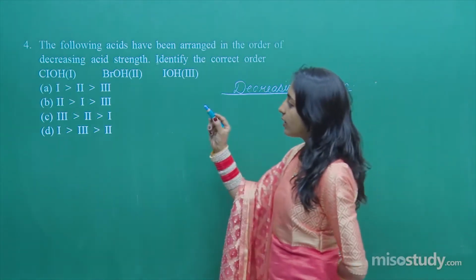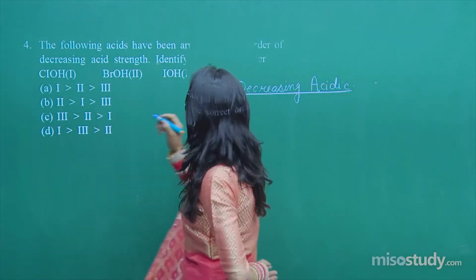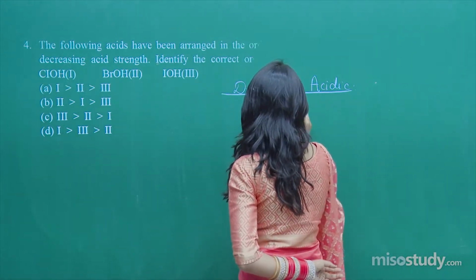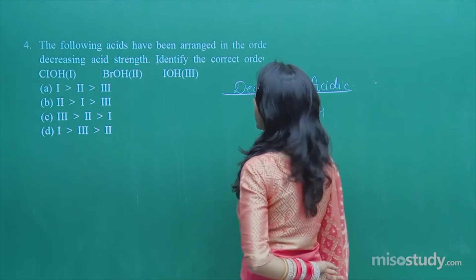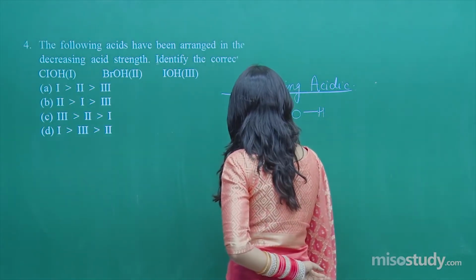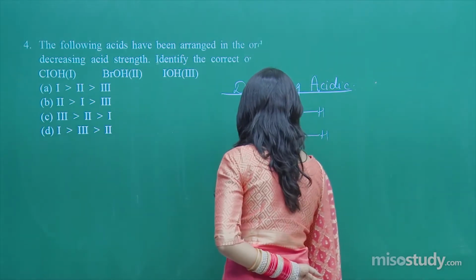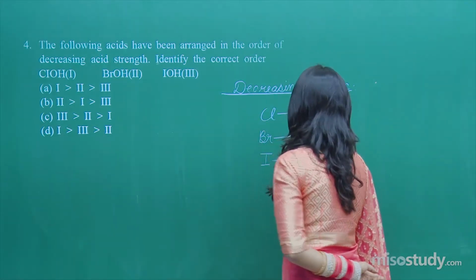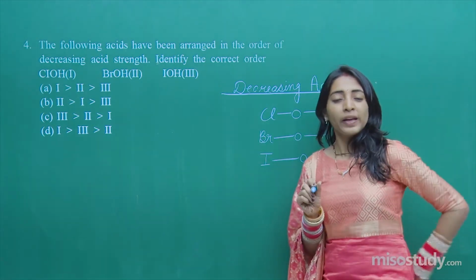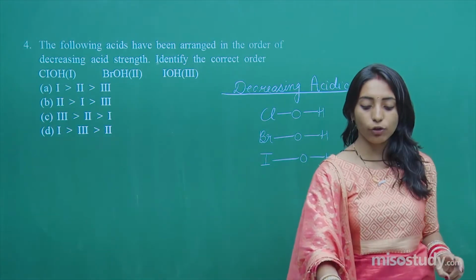Let's read out the options. The first is ClOH, the second is BrOH, and the third is IOH. The question can be answered in two different ways.